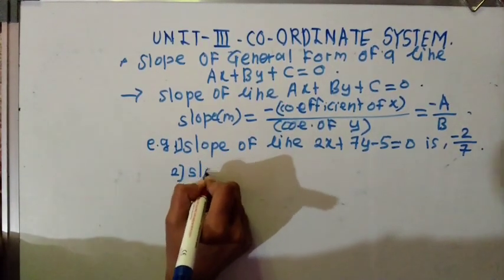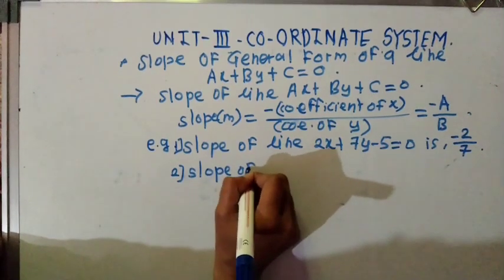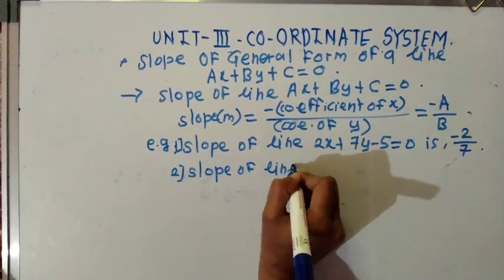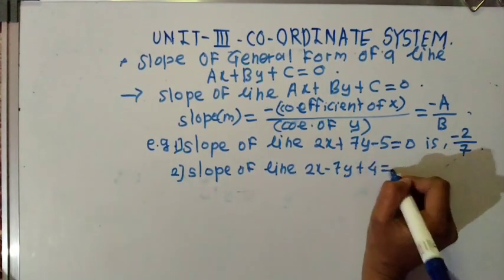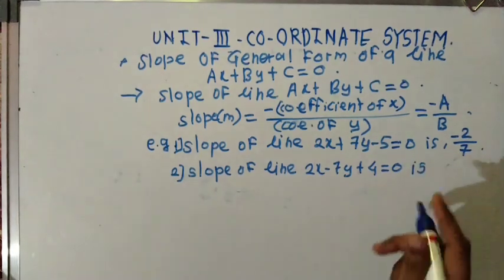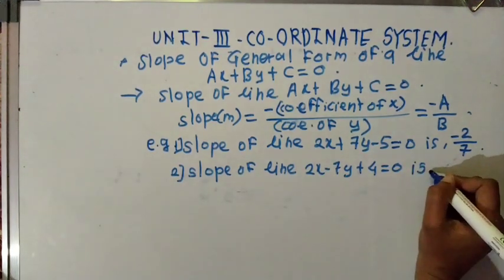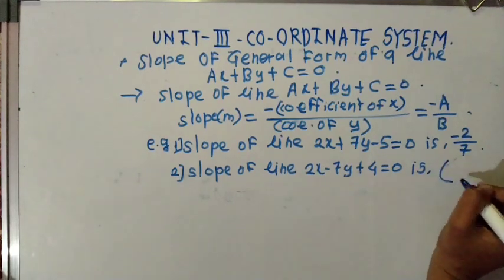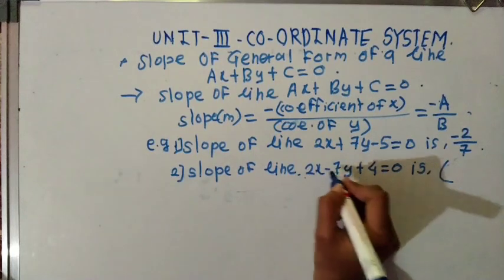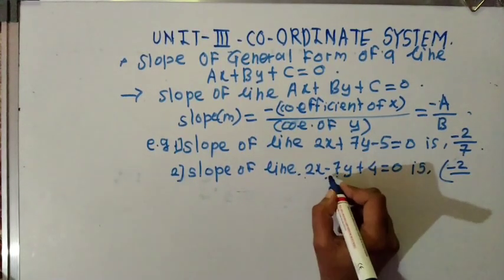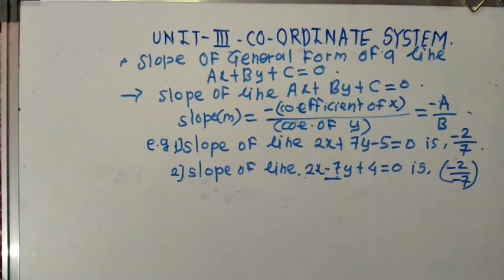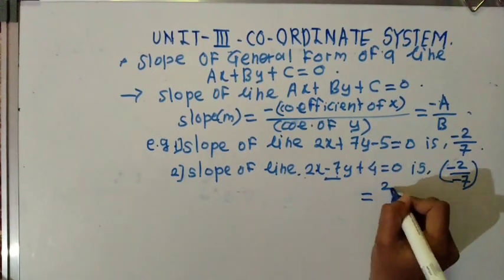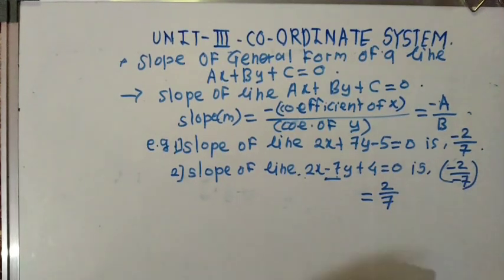Then the second example is the slope of the line 2x minus 7y plus 4 is equal to 0, which is minus a upon b, so minus 2 upon minus 7, and minus 2 upon minus 7 is equal to 2 upon 7 because minus and minus get cancelled.